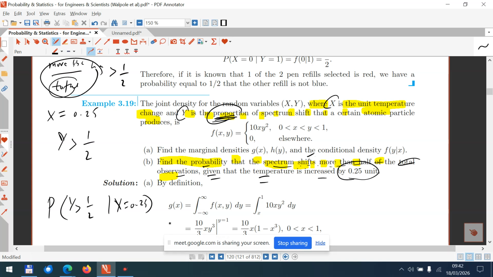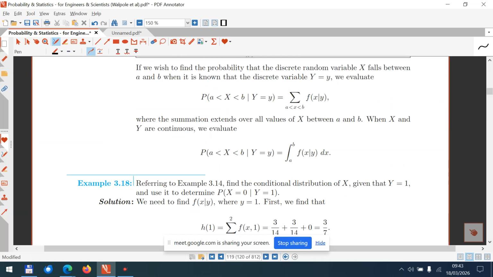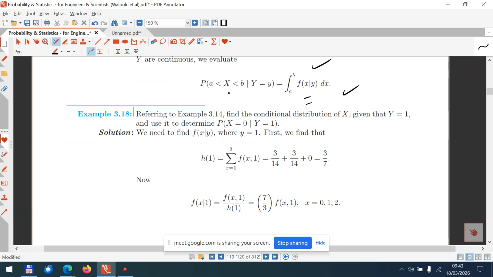And this will require you to connect this formula. I'm now bringing it up. We will use either of these two formulas. If it were discrete, we would be using this. If it's continuous, we are using this. So in this case, our question is about P of y greater than half, given that x is equal to 0.25.